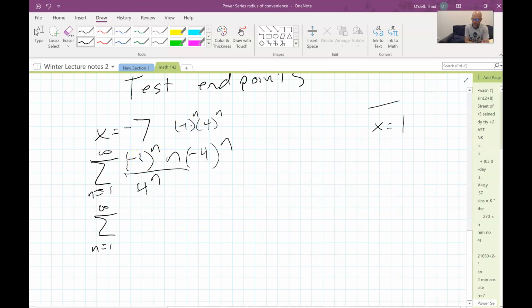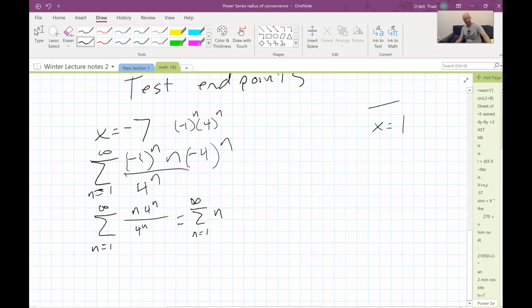So if I multiply -1 times itself n times, that's just going to be 1. So this turns into just n times 4 to the n over 4 to the n. Of course, 4 to the n over 4 to the n is just 1. So this really just becomes the sum from n equals 1 to infinity of n.